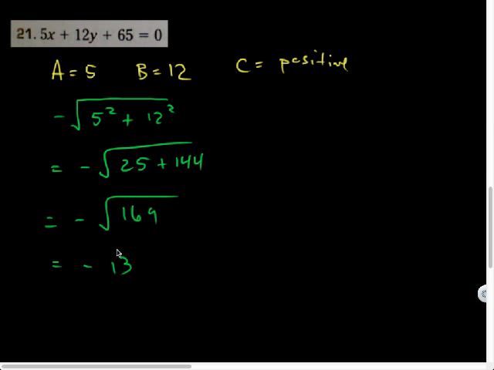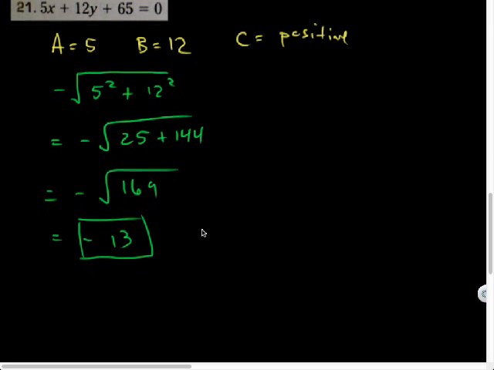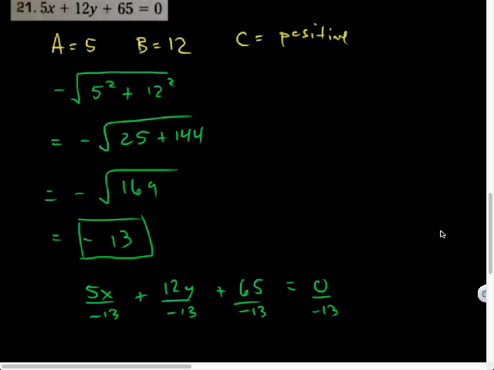Now I divide my entire standard form by it, and that converts it into normal form. So I'll have 5x divided by negative 13 plus 12y divided by negative 13 plus 65 divided by negative 13, and don't forget, equals 0, also divided by negative 13.